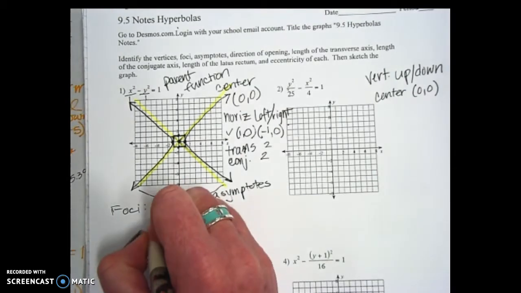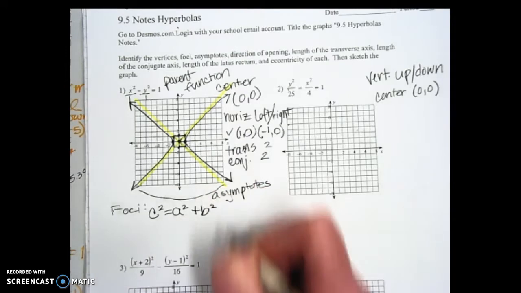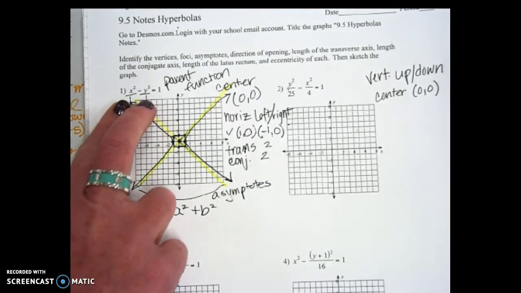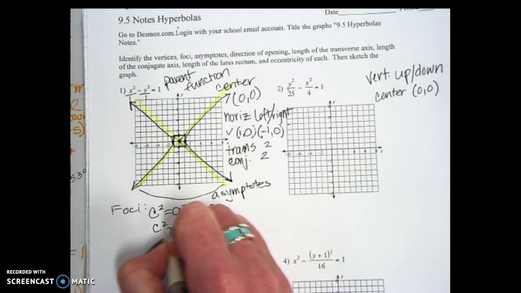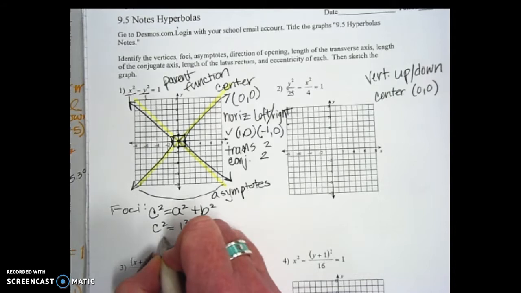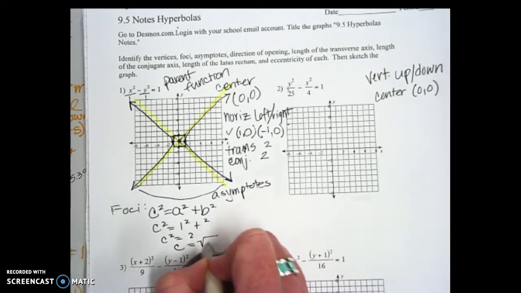So we're going to use c squared equals a squared plus b squared. And in this case, that's the square roots of the denominator. So if square root of 1 is 1, we're going to have c squared equals 1 squared plus 1 squared. 1 squared is 1, 1 plus 1 is 2. So if c squared equals 2, then c is the square root of 2.